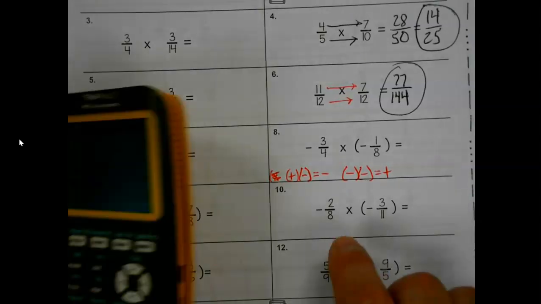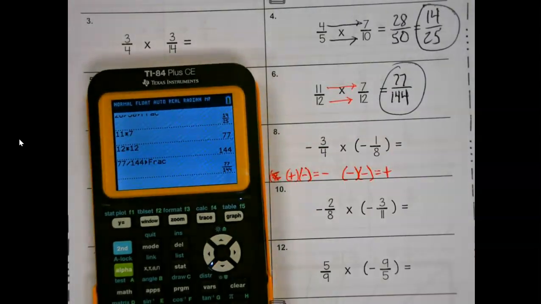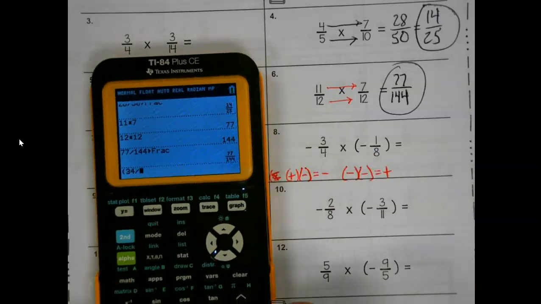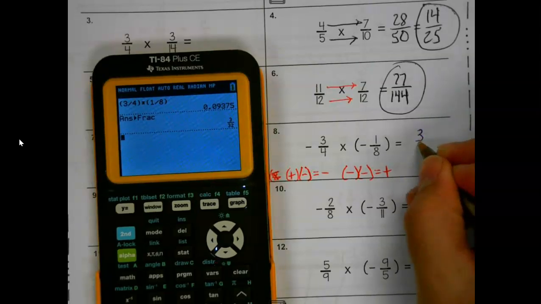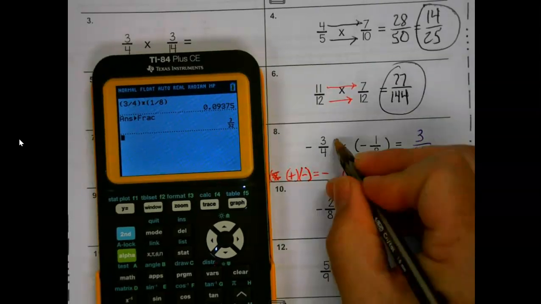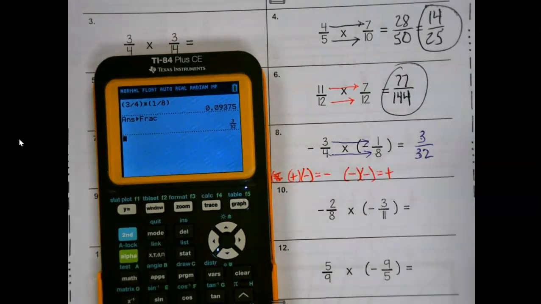So do I even have to worry necessarily about putting the negatives in my calculator if I know the rules? No. I know this is going to be positive because it's negative times negative. So even if I wanted to put it directly into the calculator, not the decimal, of course, 3 times 1 is 3. 4 times 8 is 32.